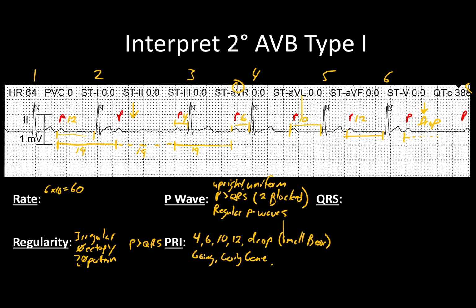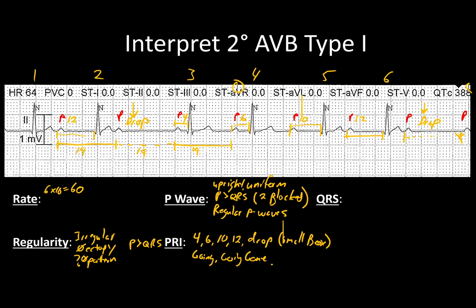So what we know for certain is that we have a pattern that 12 small boxes is the final PRI length before you drop a beat, and then you start over 4, 6, 8, 12, drop. And so we can assume the final beat on the strip, that P wave that we can see to the far right, will likely have a PRI that's only 4 small boxes. That's what we've established there.